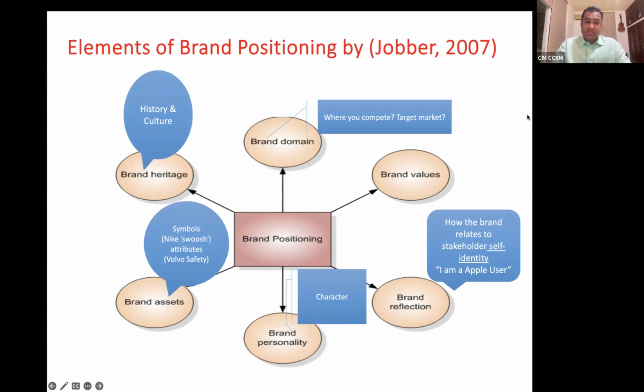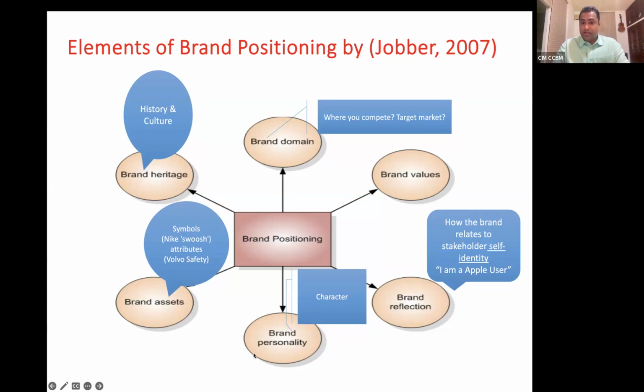Brand assets are the symbols, the attributes, like Nike's swoosh is a symbol. Safety for Volvo is an attribute. The brand's character or personality.